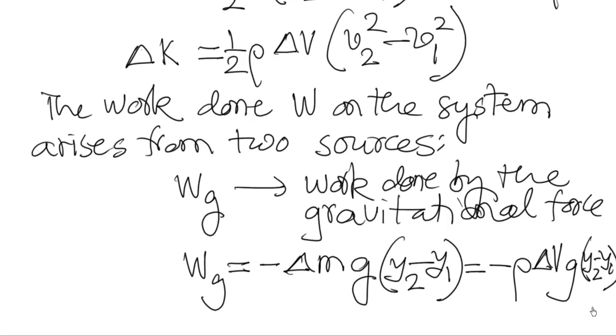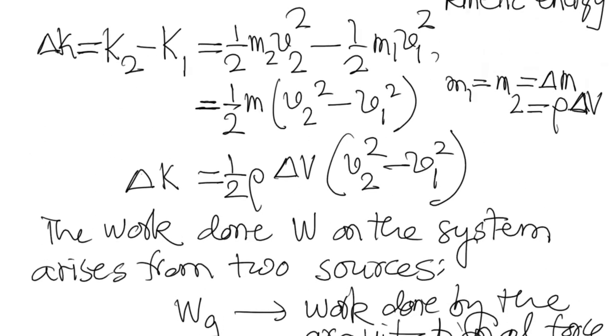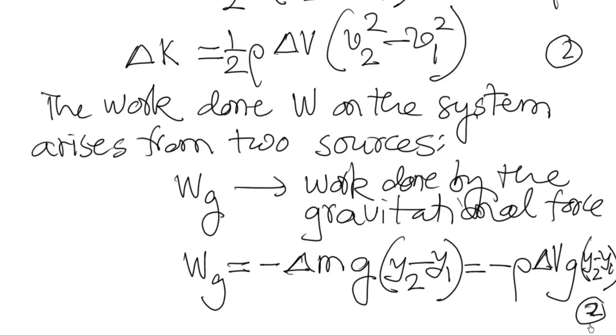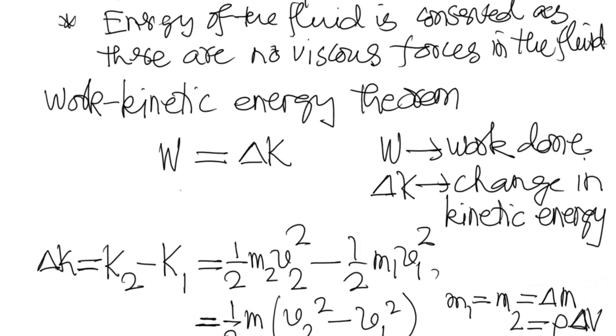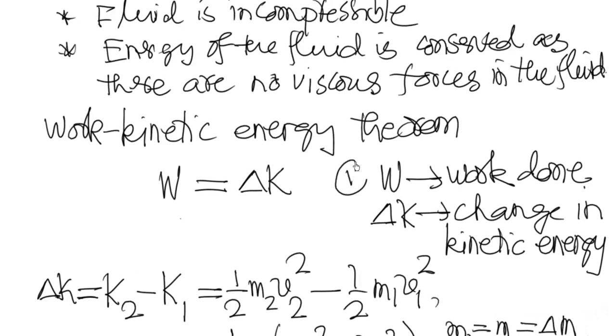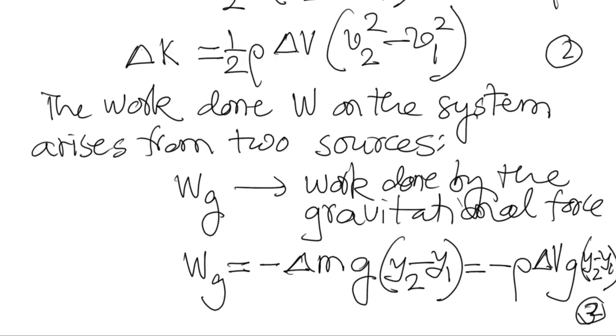Okay, this is equation 2, and this is 3, and this is 1. Now we have another source of the work done. First let us discuss why the negative sign is here.